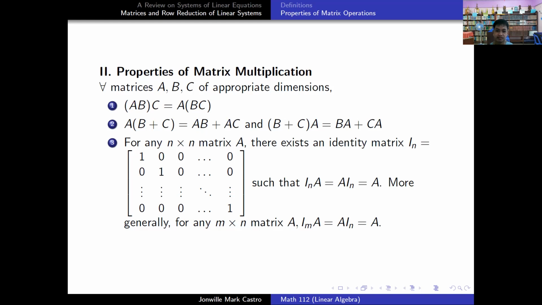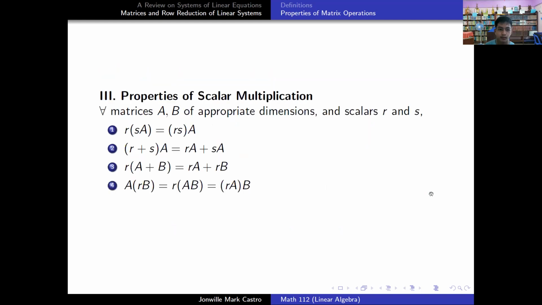So, kung kanina sa addition, we have zero matrix. So, ito naman yung identity matrix natin for multiplication. So, pag we multiply this to any matrix A, we still get A as a result. Okay.